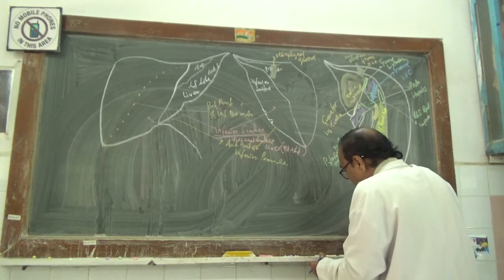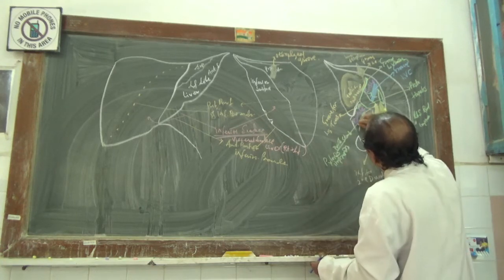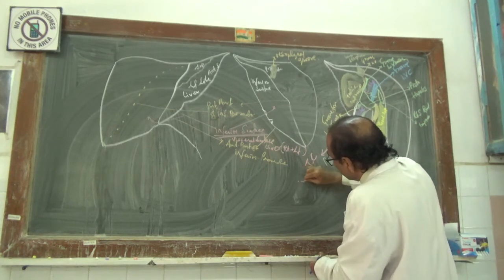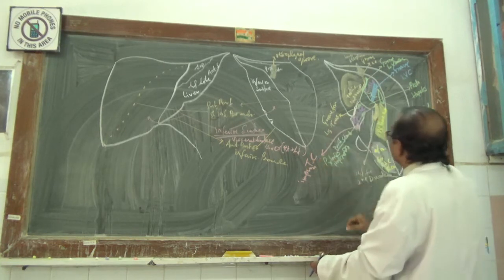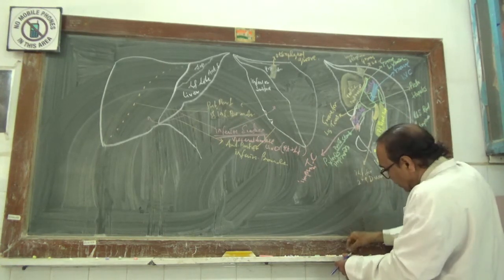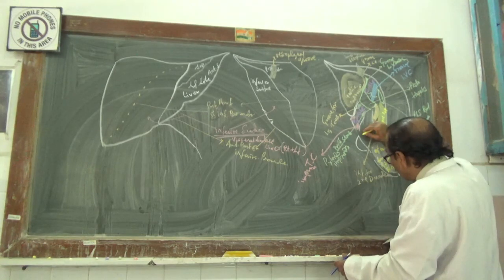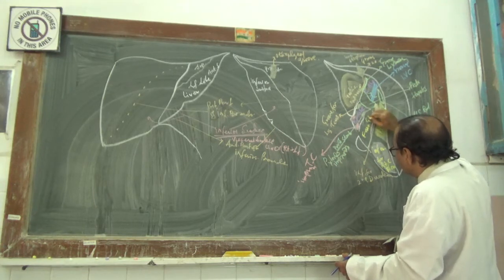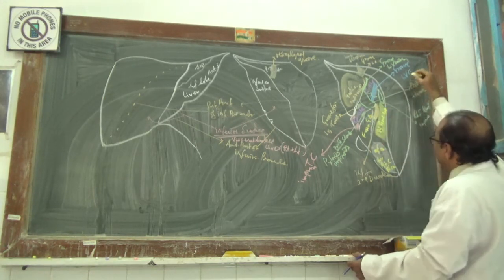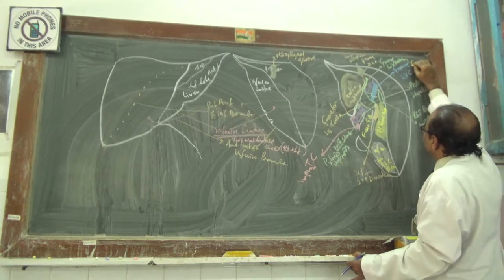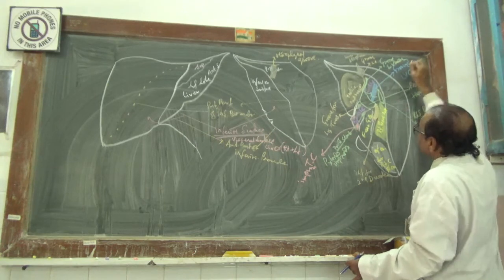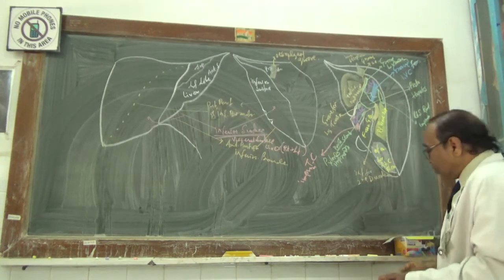Then at this point below, this impression is the TC impression, transverse colon impression. Then definitely this will be the fossa for the GB. Now this is the groove for the inferior vena cava. So these are all the things.